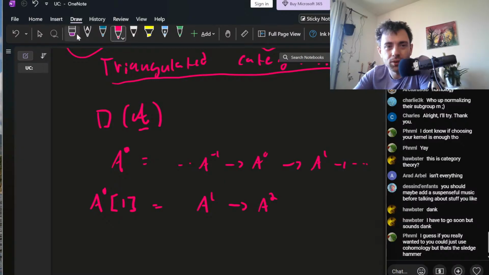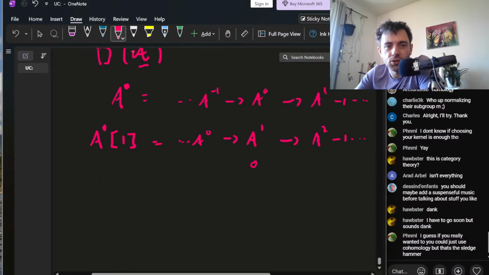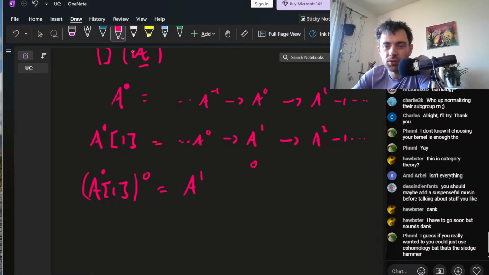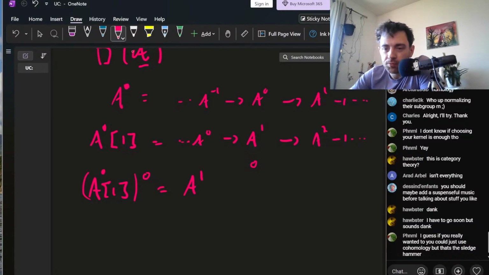Oh no, I moved it too far to the left. Wait, does it move it to the left? I always get confused. Yes, it moves to the left. And so you get this new complex. A_1 in degree 0, for example, is A shifted by 1: it is now the first degree of the previous complex.